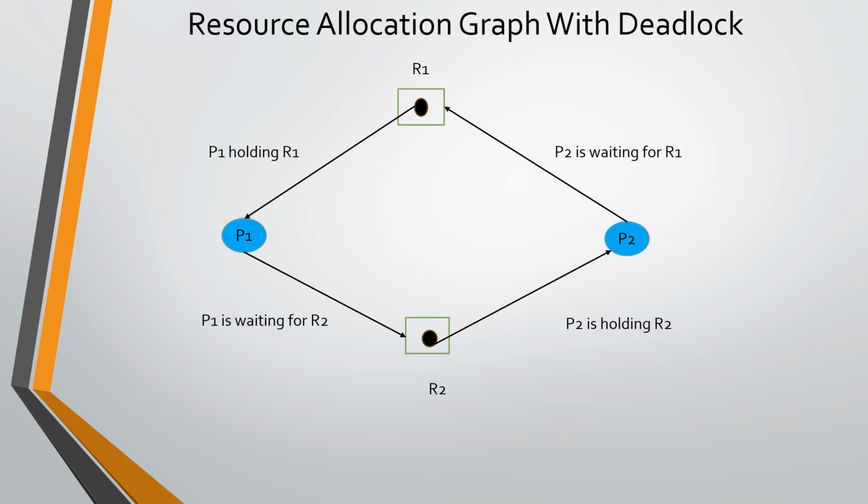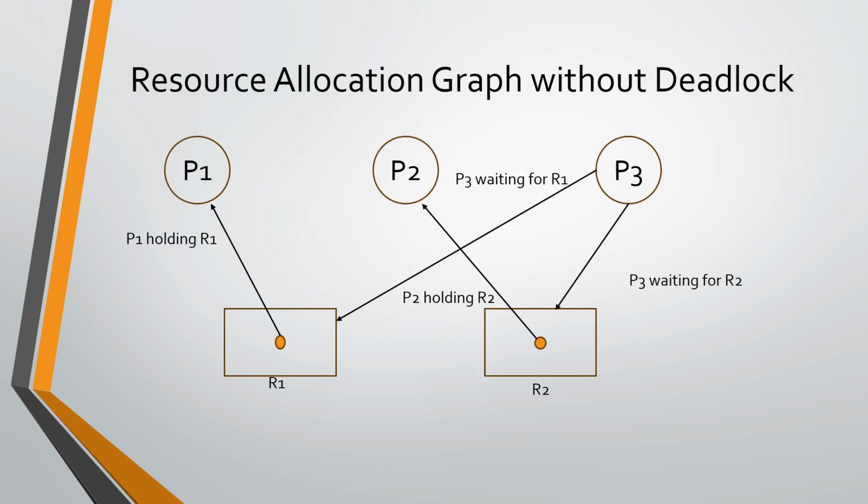For example, P1 holds resource R1 and P2 holds resource R2, and P1 is waiting for the resource R2 and process P2 is waiting for R1. Then both the processes P1 and P2 will be in deadlock in this graph.